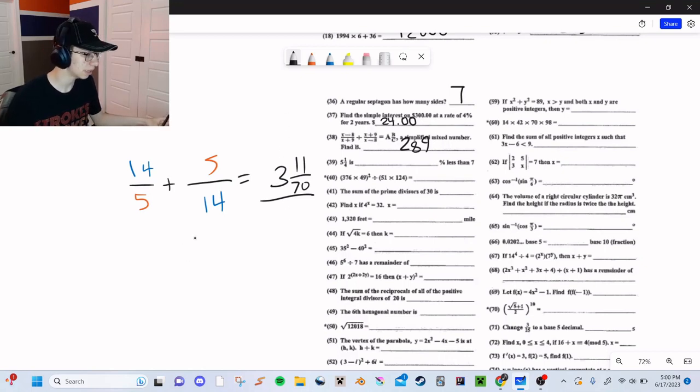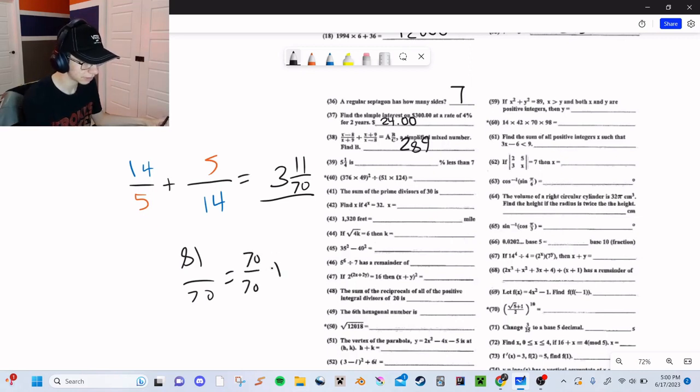And why do we do that? Well, because it's like we're taking out a 1. We're taking out 70 70ths, which leaves us with 11 70ths. This is just 1 and 11 70ths.